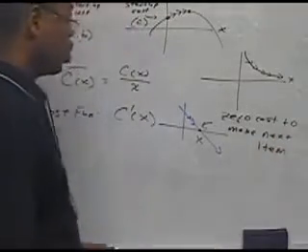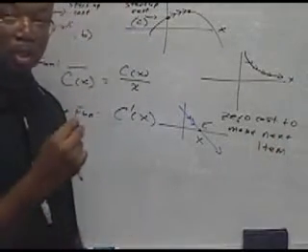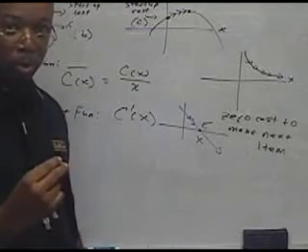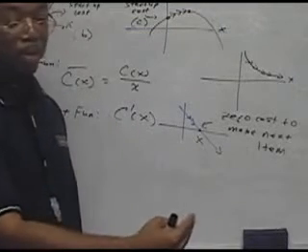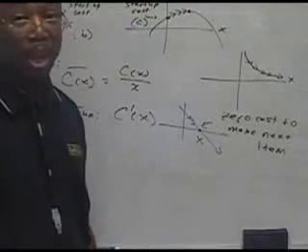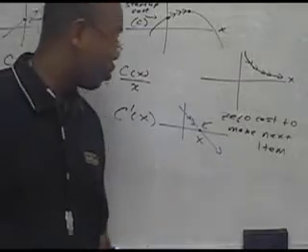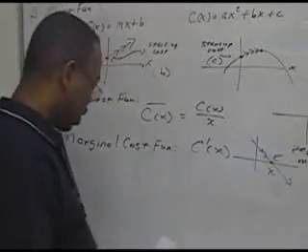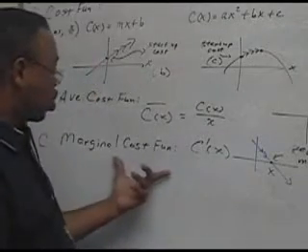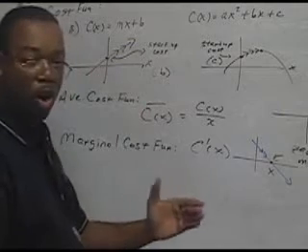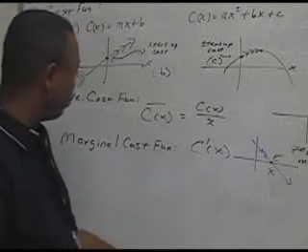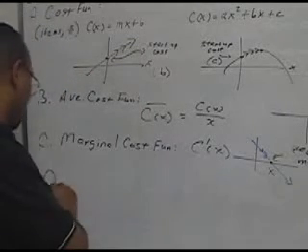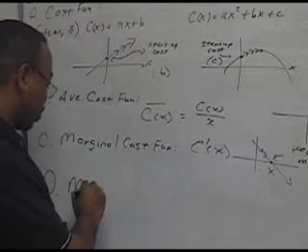If we know that the cost all of a sudden becomes zero, we know that to make the next item, it's not going to cost us anything. And that's a good place to be. Now, this is marginal cost, which gives us the instantaneous cost to make an item. There's also marginal profit.